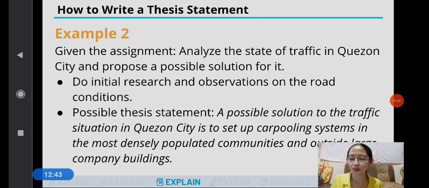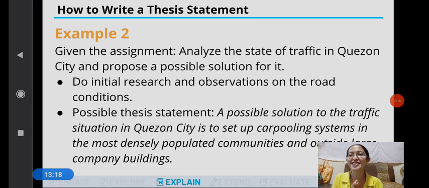Okay. Now, are the details presented in a single sentence? Okay, very good. Is it arguable to another person? Can it be refused, can it be declined, can it be rejected? Or can it have other suggested solutions?